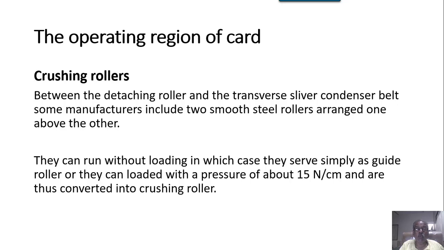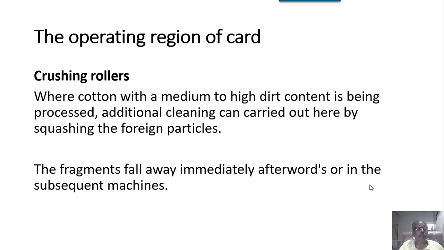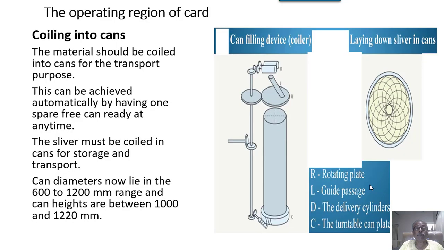They can run without loading, or they are sometimes loaded so that they provide a very high degree of pressure between them. So a sort of crushing can take place, or normalization of the web, condensing and compacting the web, is done by them. Further, at the end, we have the coiling mechanism.